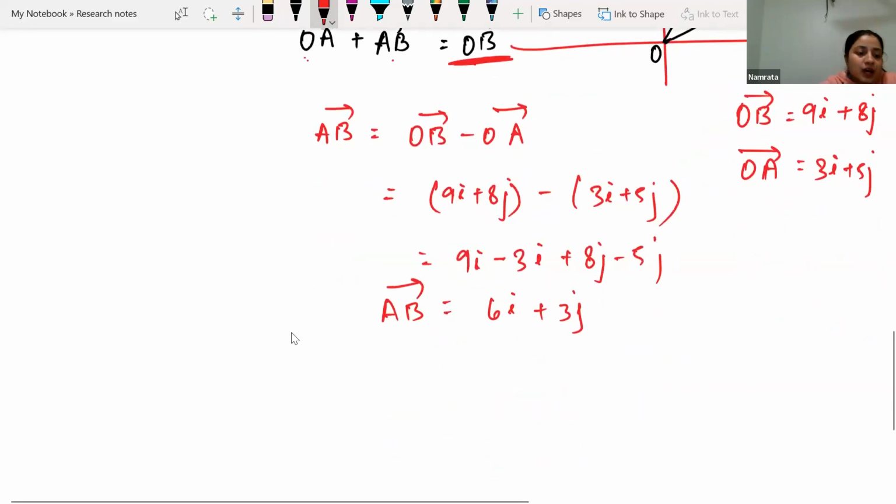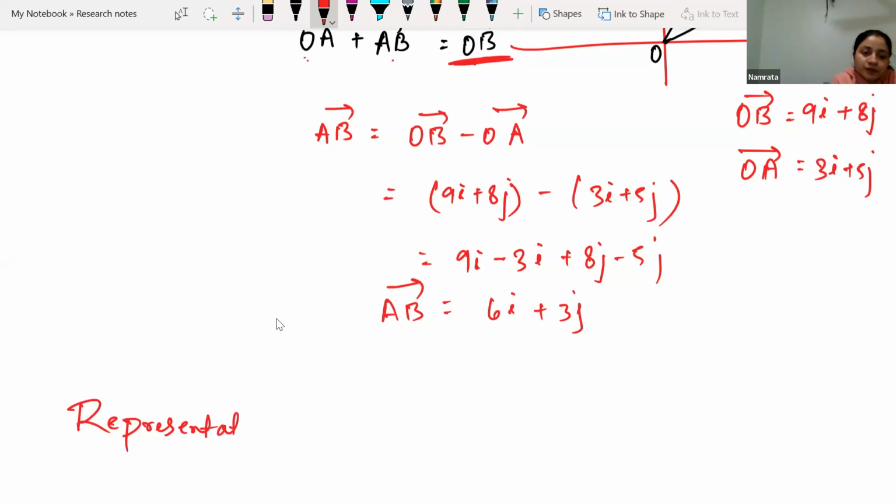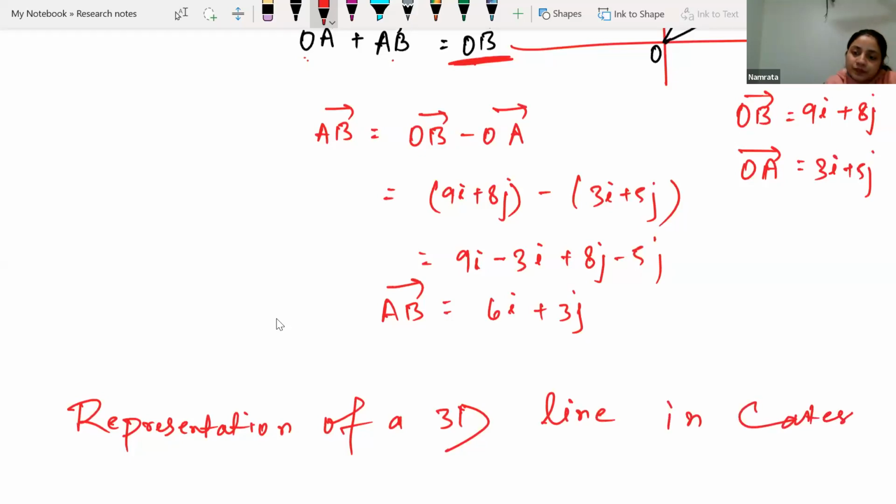Now we are talking about 3D geometry over here. This was all about 2D geometry. Now in 3D geometry, the representation of a 3D line in Cartesian and vector form.